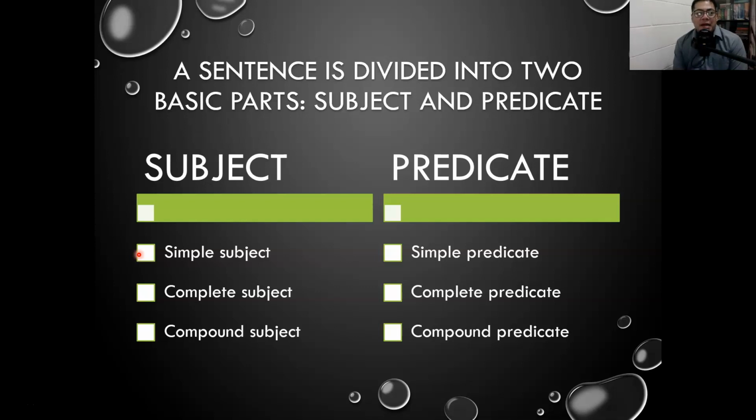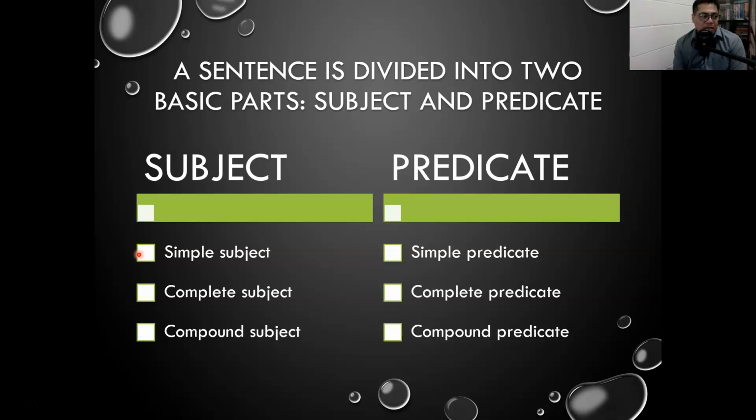We do this by remembering the concept of the phrase. I don't know if you remember, but in the previous topic, in the parts of speech, we talked about the different phrases that we can have in language. So we have adjective phrases, noun phrases, verb phrases, adverb phrases, prepositional phrases, right?